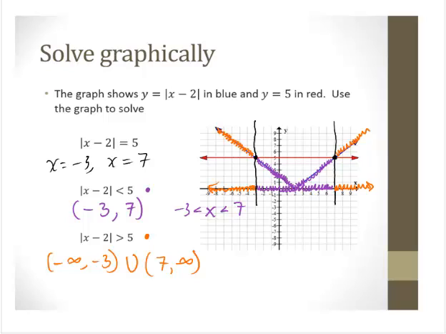For that last inequality, absolute value of x minus 2 is greater than 5, I could have written that as x is less than -3 or x is greater than 7. I'm doing that because in the next slide we're going to see similar statements to those inequalities I just wrote.